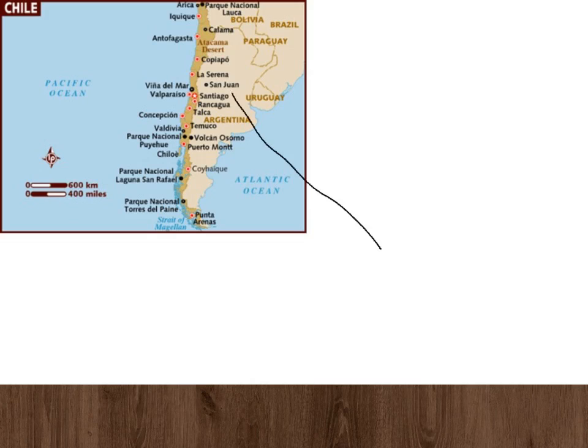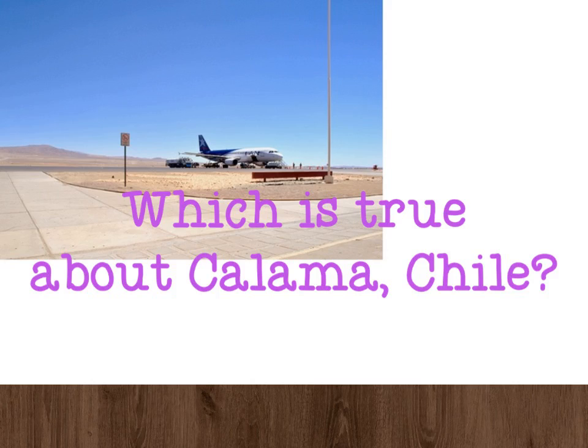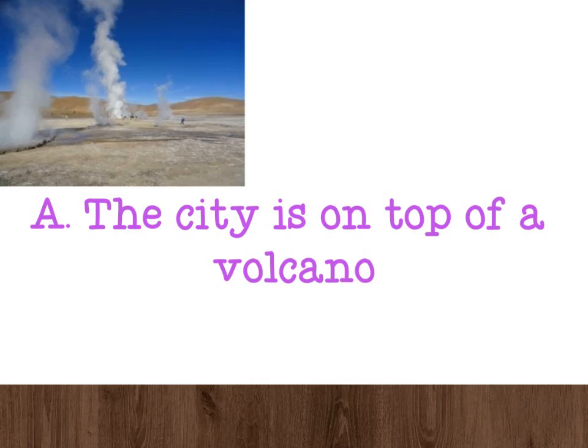Now, there's where it's at. Now, what's true about this place? Which is true about Calama, Chile? A, the city is on top of a volcano.